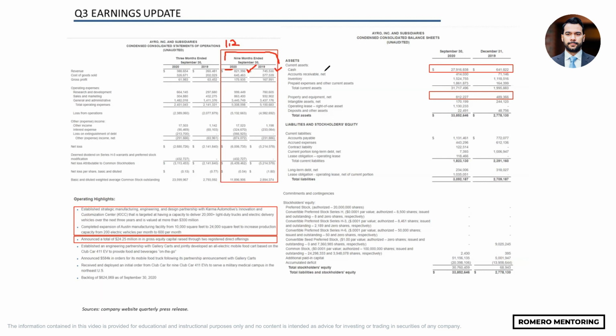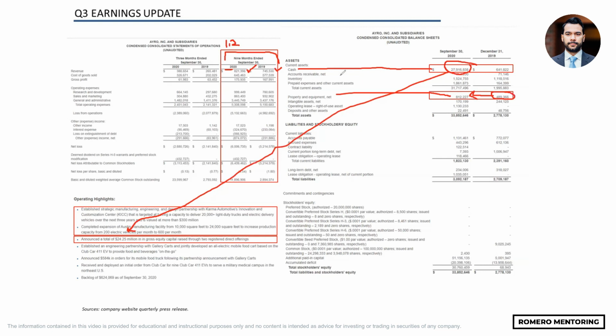Now, when we look at the balance sheet, here's their cash, $27.9 million, which represents the equity investment that they did during the quarter. So they ended up raising capital. Also, their property, plant, and equipment is $812,000. So they doubled that. This leads me to believe that they moved to a new facility, there's capital behind it, and their asset value is also increasing.